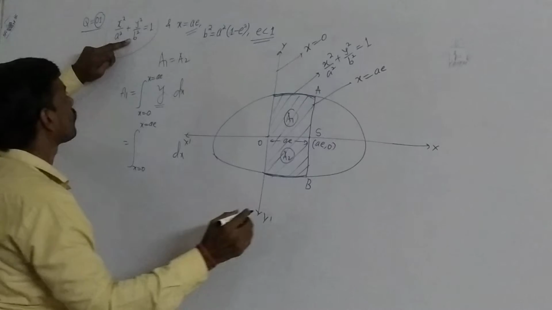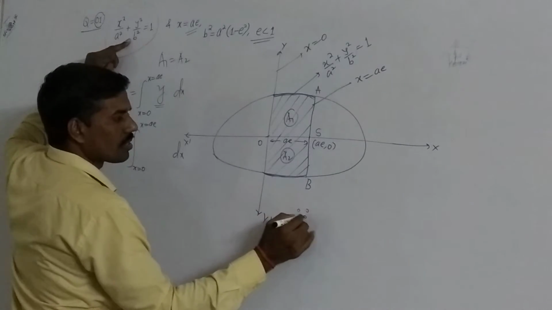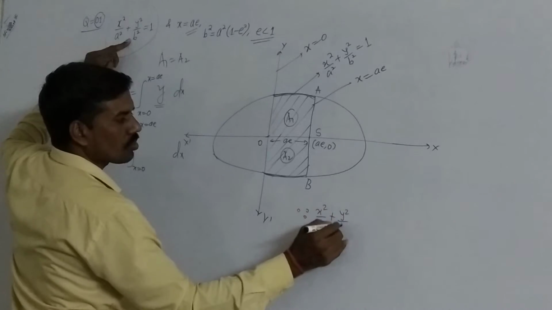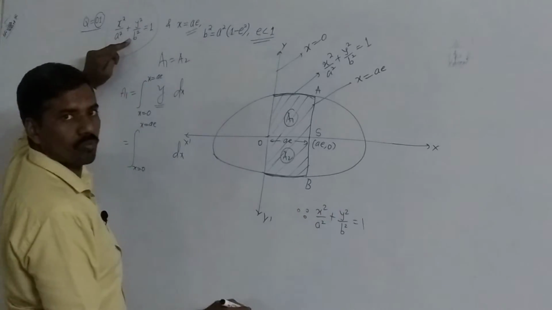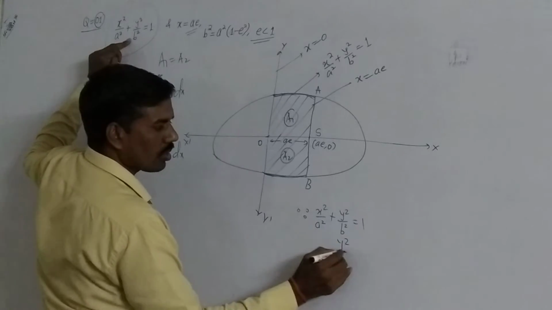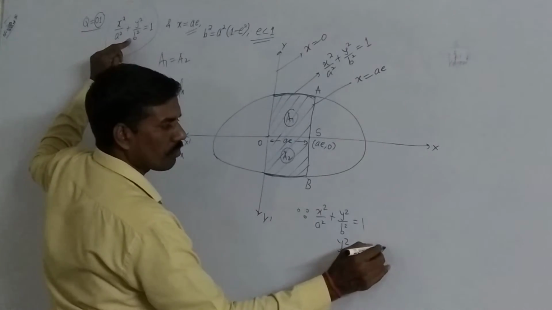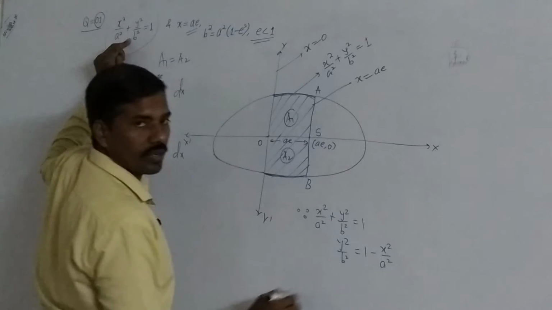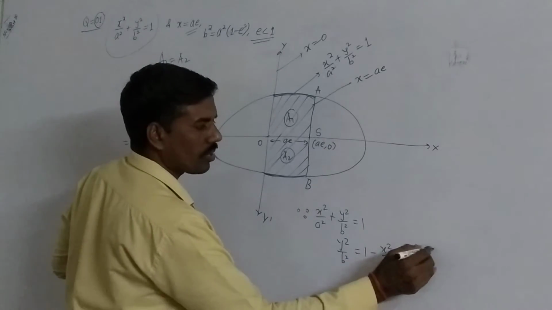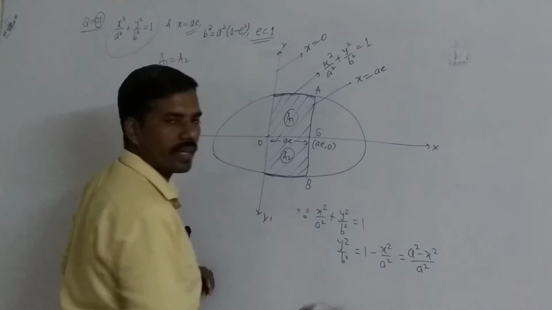How will we get it? Since x square upon a square plus y square upon b square is equal to 1, we want y. So y square upon b square is equal to 1 minus x square upon a square. After cross multiplication, we get a square minus x square upon a square.